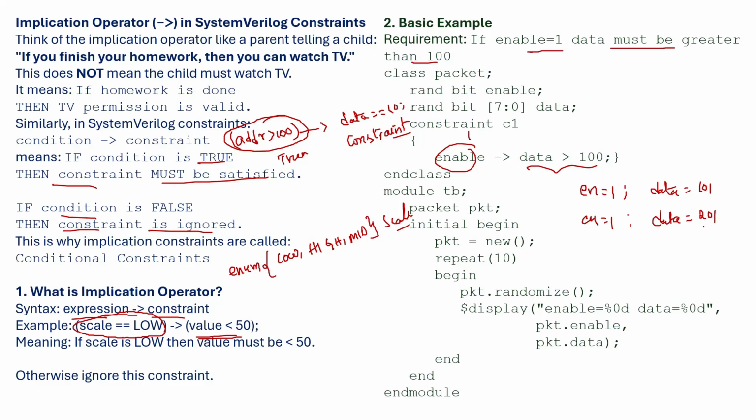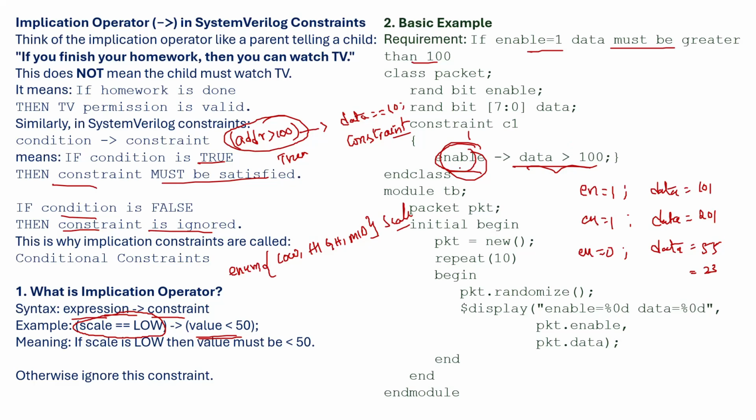In this way the values should come. And if enable equal to 0, then data can be less than 100, so 55 or 23 or any number. So the implication operator: if enable is 1, then only this constraint will be satisfied. Otherwise, the constraint will not be applied.